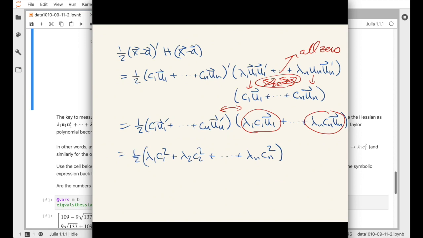And this formula makes it really easy to think about what's going on, because if we assume that we've ordered the lambdas so that lambda 1 is the biggest and lambda n is the smallest, then as we move in the u1 direction, the function looks like a parabola with a coefficient of 1/2 lambda 1.